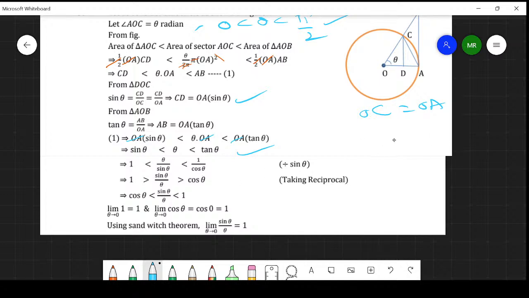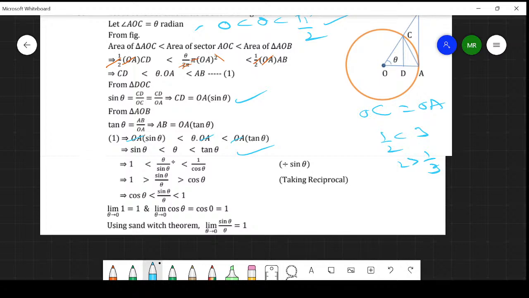See, for example, 1 by 2 less than 3, suppose you have taken this. We know that if you take the reciprocal, 2 greater than 1 by 3 will be correct.